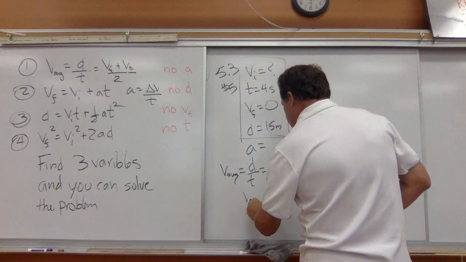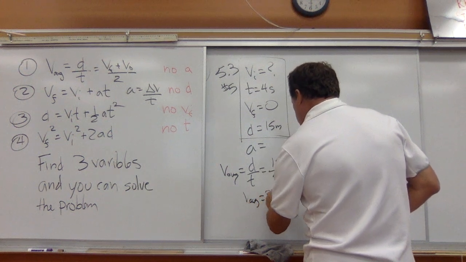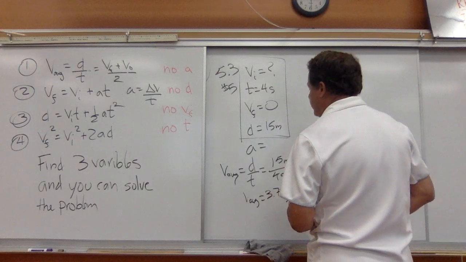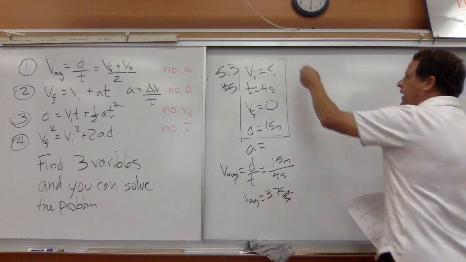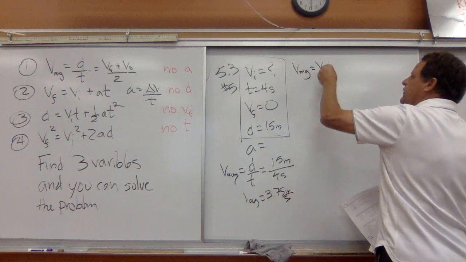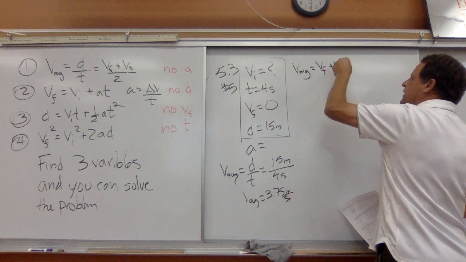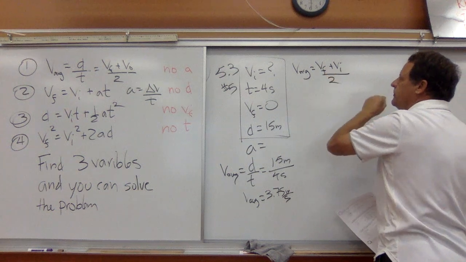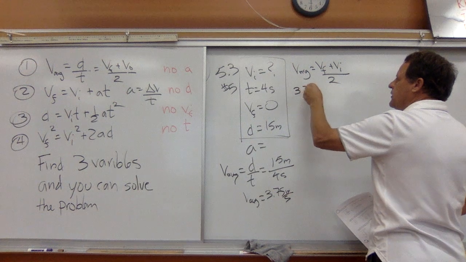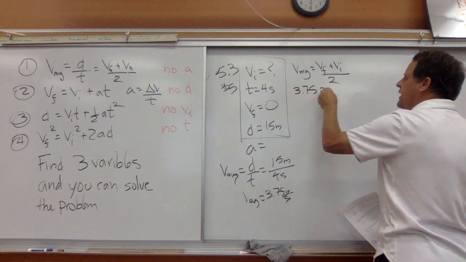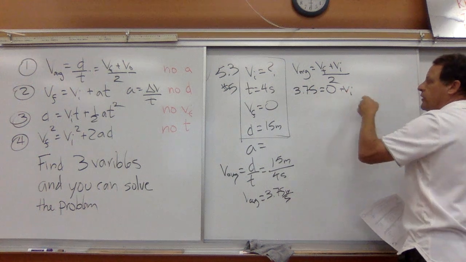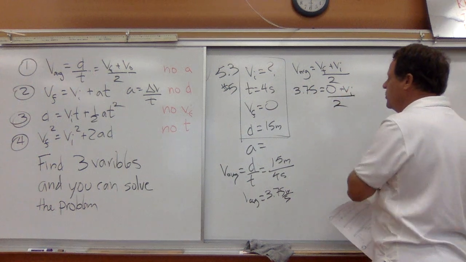Our average velocity is going to be 3.75 meters per second. Now we're going to say average velocity is equal to v final plus v initial divided by 2. So we know this is 3.75, and we know this is 0 plus our initial velocity, which we don't know, divided by 2.